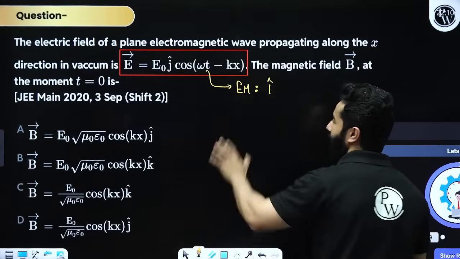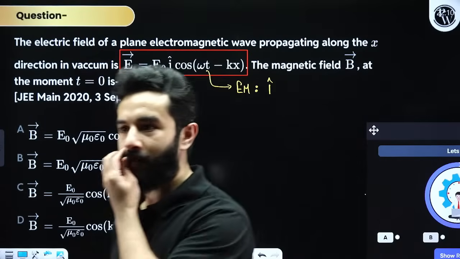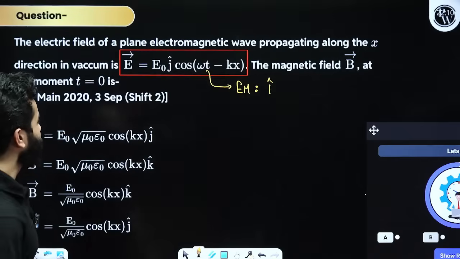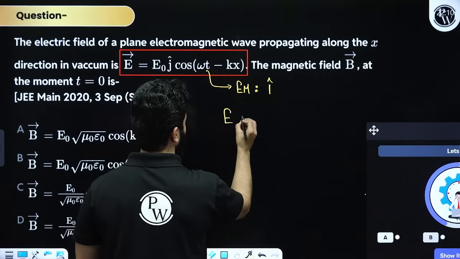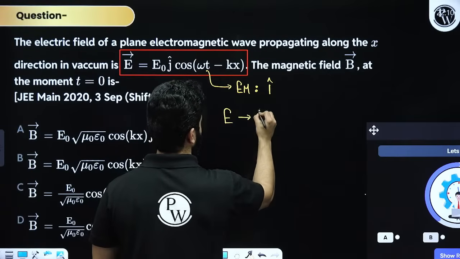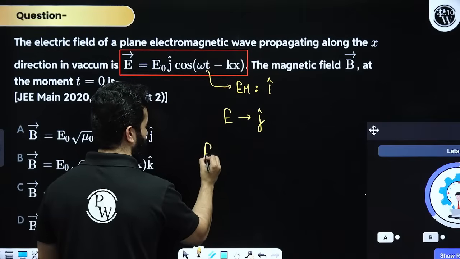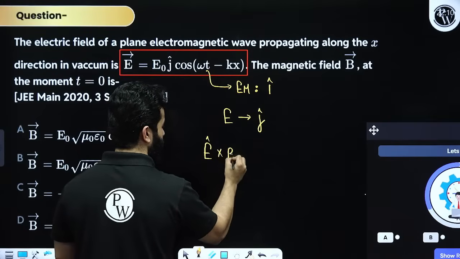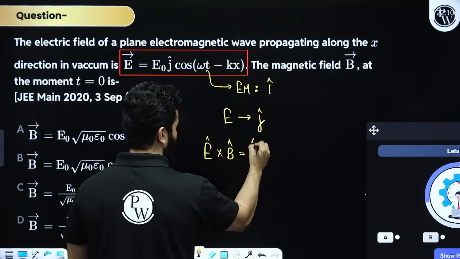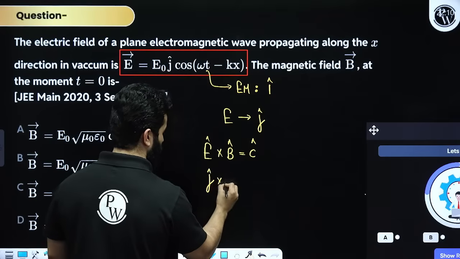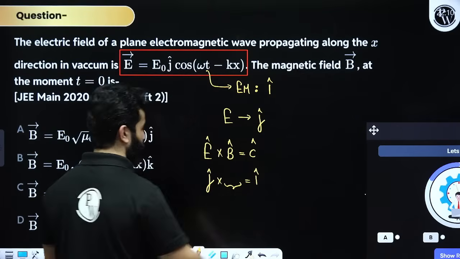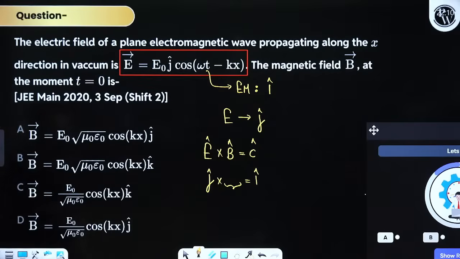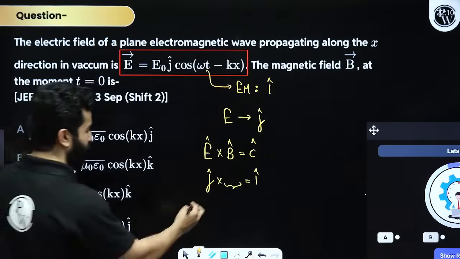Then the electric field is along j cap, and we know E cap cross B cap is C cap. So j cap cross, we want to know, should be equal to i cap. Is it clear, my dear friends? Done. So j cap cross k cap.